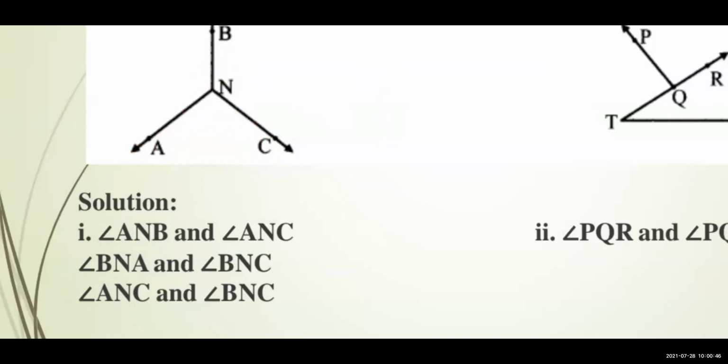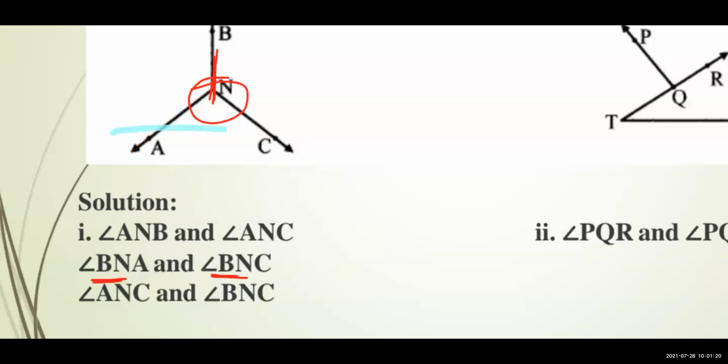Now our second pair, we can see here BNA, BNC. See, BN is our common arm. N is our common vertex and having a separate interior. So the second pair is BNA and BNC. Now the third one.